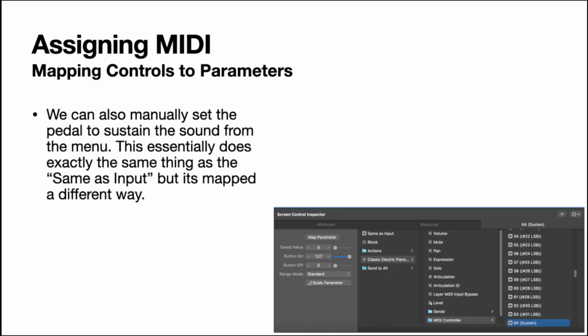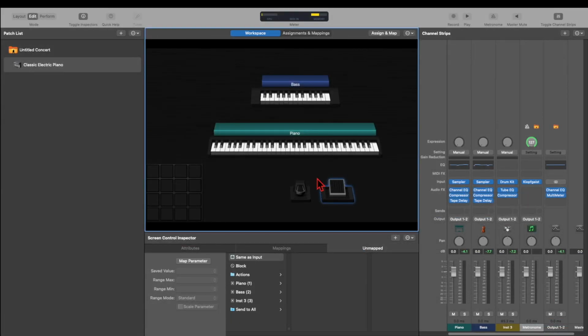Let's go ahead and manually set the pedal to sustain from the sound menu. So, essentially what we're going to be doing now is, you notice whenever I press it, it works. Oh, whoops. So maybe we want to be a little different.